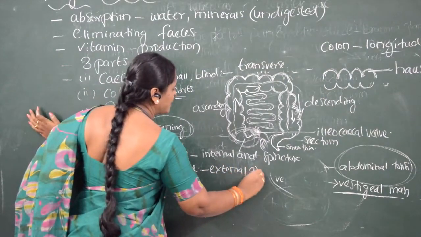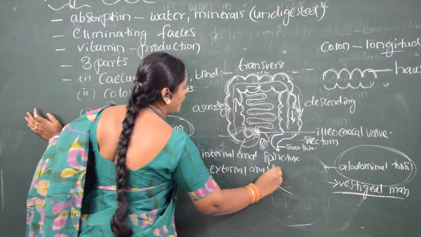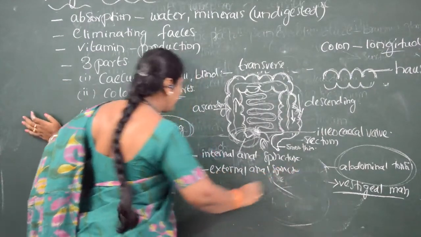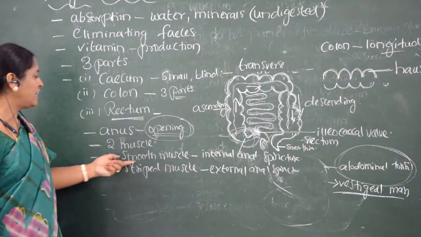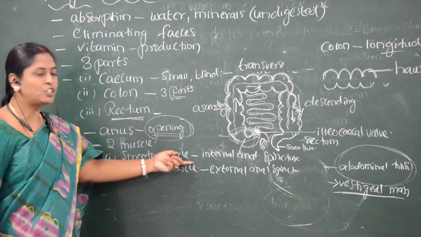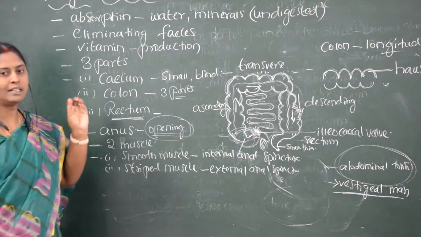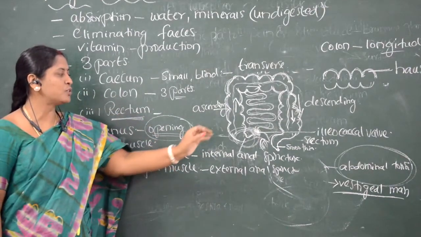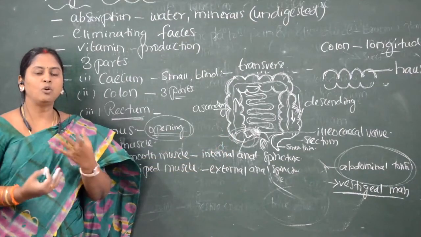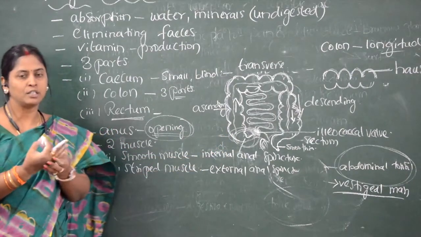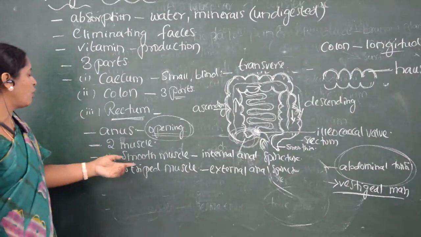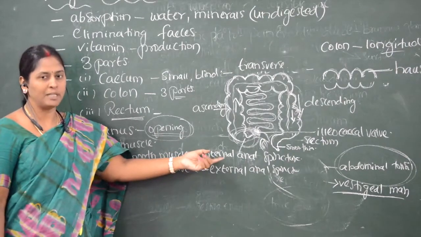The internal anal sphincter is lined with smooth muscles, which are involuntary. Involuntary means once the digested food material enters the anus, we have no control over those muscles. Such muscles we call involuntary muscles.